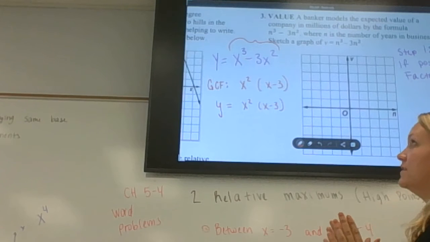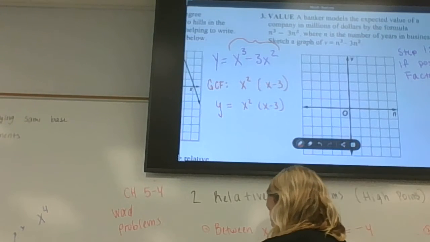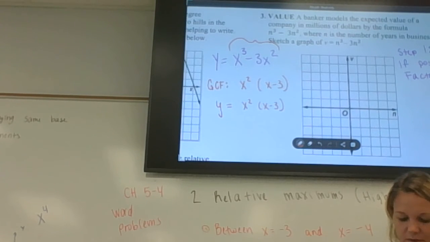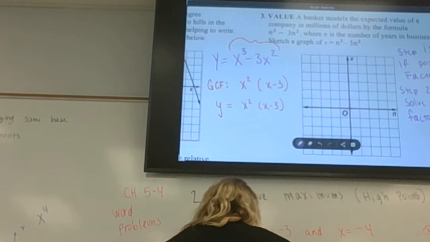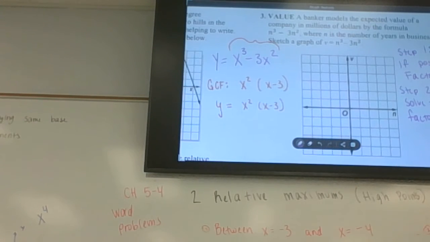I want you to solve these factors. So when you have to graph a polynomial, if possible, factor. Step 2, solve the factors.